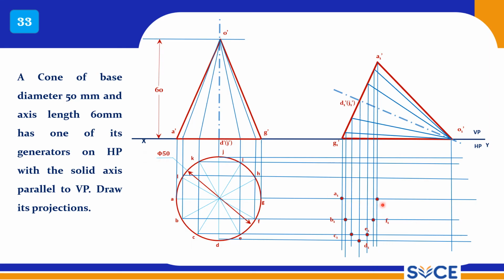Point G should be here. The outermost points should be connected, and here this is visible. When you see from the top, this elliptical shape is visible, and the remaining can be connected with thin lines. No need to connect with dotted lines, as there are no invisible generators to draw.